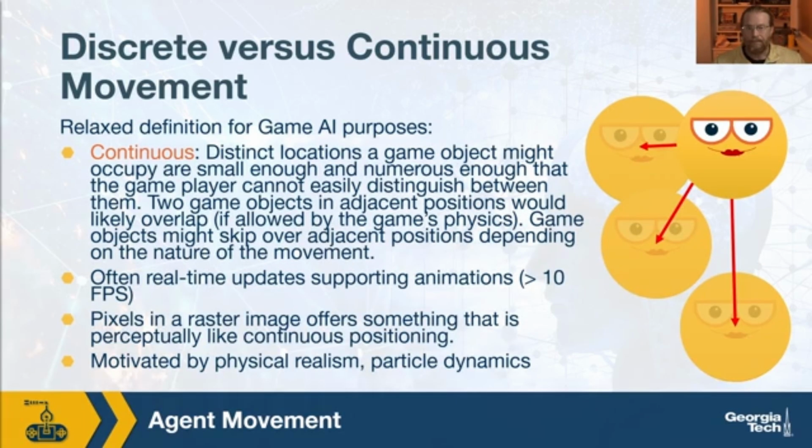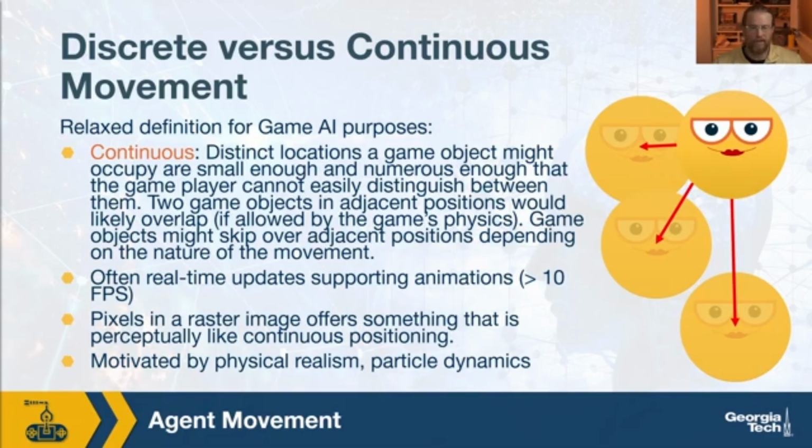Now, in the case of continuous movement, we have distinct locations for our game objects, most likely just based on the resolution of integers or the number of pixels in a screen, or the resolution of a float. But whatever the resulting granularity is of these different distinct locations, they're so numerous that a human game player can't distinguish between one pixel and the next as they move their character around.